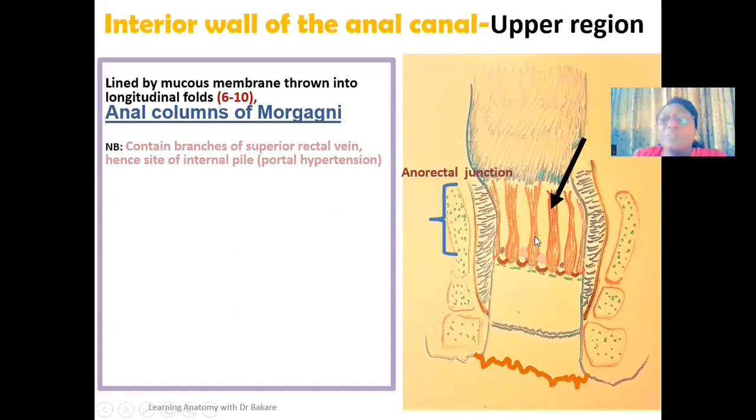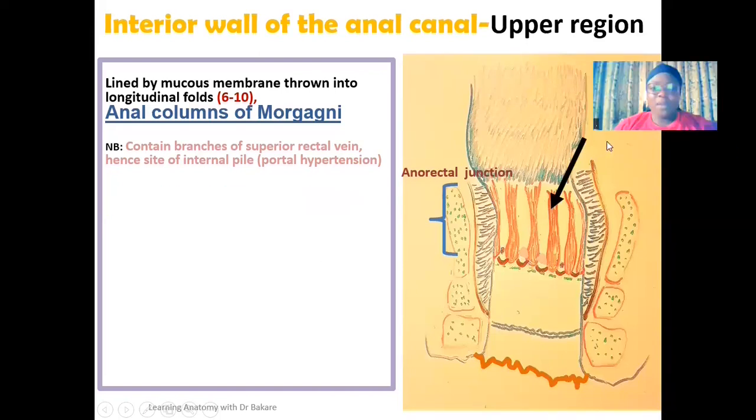In the case of portal hypertension, this region is usually the site of internal piles, and we know that piles occur as a result of enlarged veins. So portal hypertension drives tension into expanding the branches of the superior rectal vein that are contained within the anal columns of Morgagni.